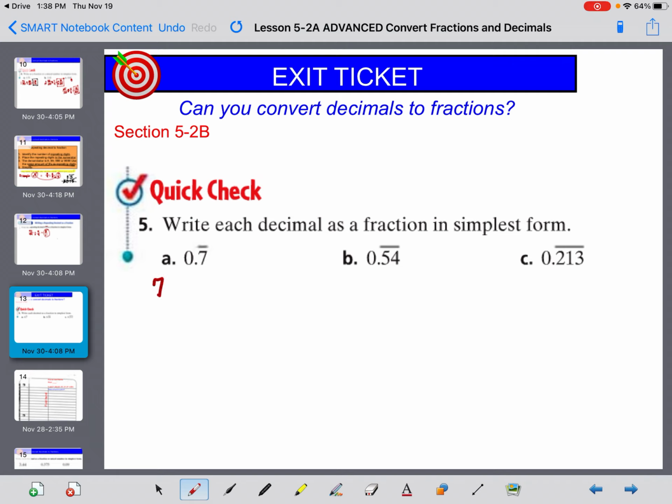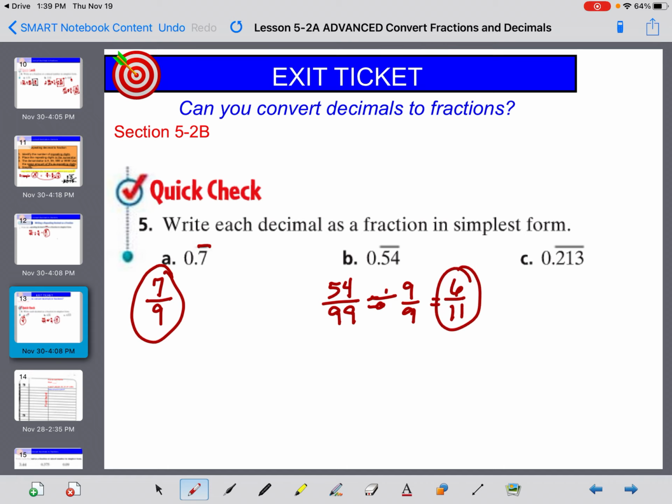For letter B, 54 over 99. 54 and 99 have a common factor of 9 for sure. So let's divide both the numerator and the denominator by 9, and we get 6/11.